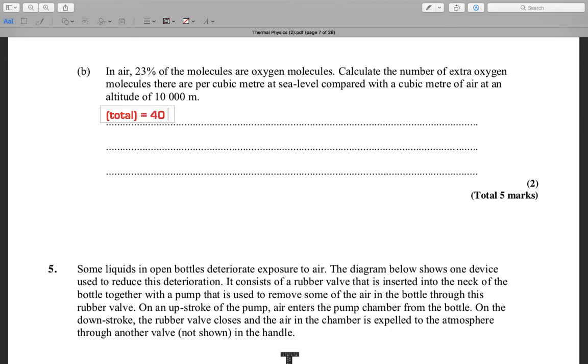When we have 40 moles times the Avogadro number, 6 times 10 power 23, this is around 1.8 times 10 power 25 particles.